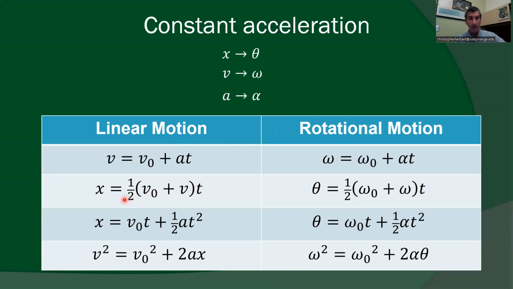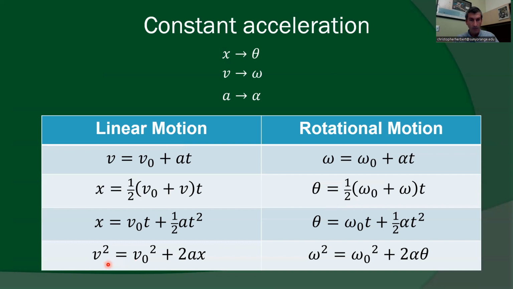And we can do the same thing for our average velocity, initial and final, to get our angular displacement. This equation we use quite a bit for one-dimensional motion: our displacement is equal to V initial times time plus 1/2 AT squared. Now that just becomes theta equals omega naught t plus 1/2 alpha t squared.